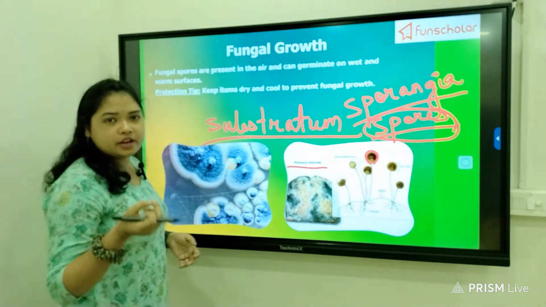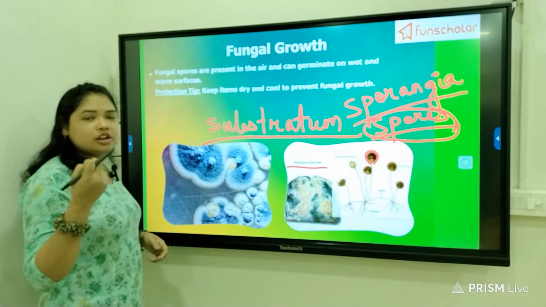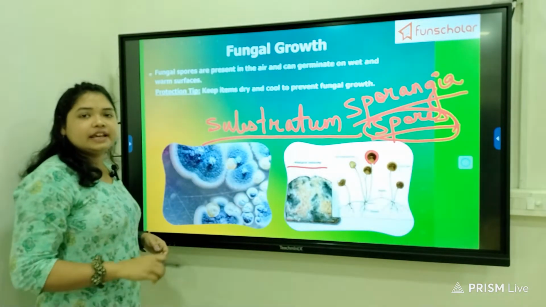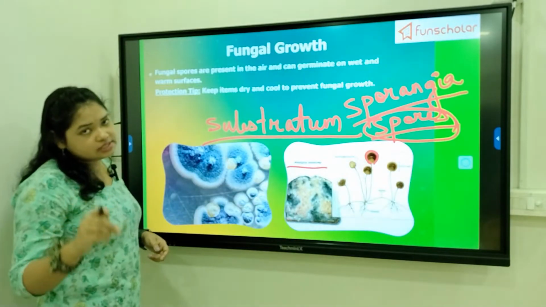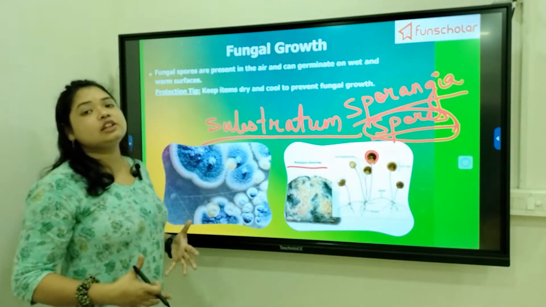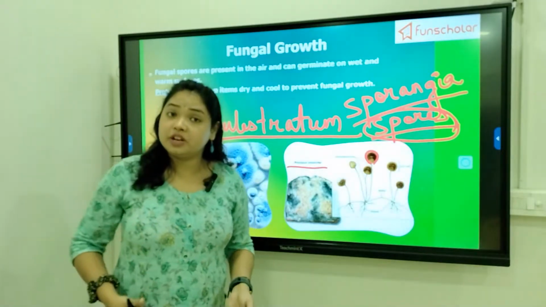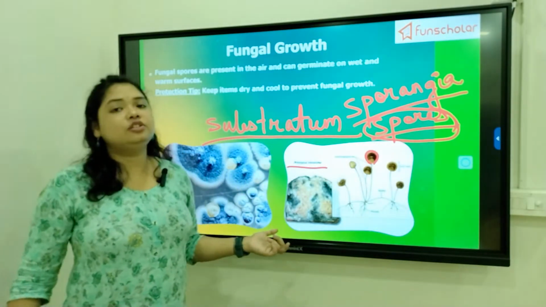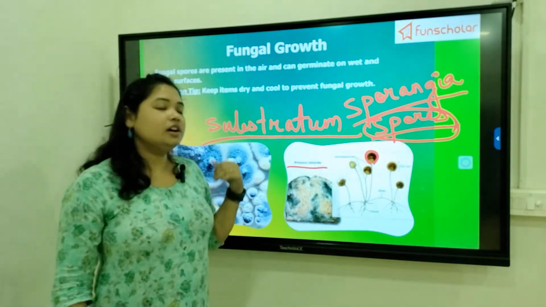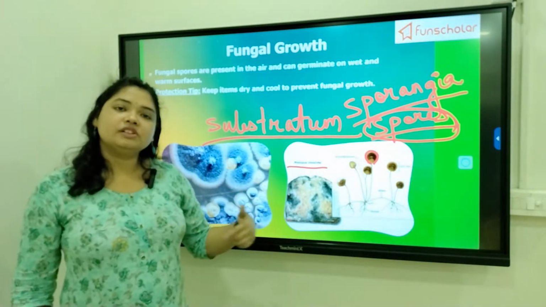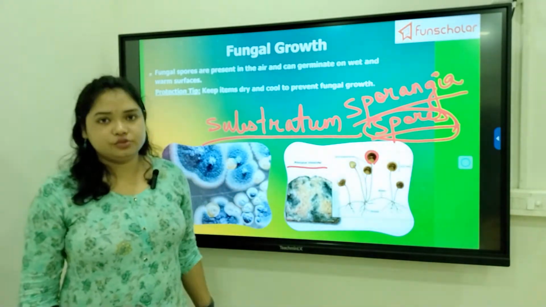They are microscopic minute spores which cannot be seen by the naked eye. They get deposited on the substances, and when they get the optimum condition for germination, they again grow into the fungus called the rhizopus, and the same cycle then again continues.